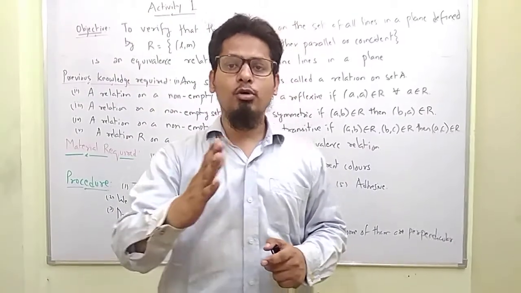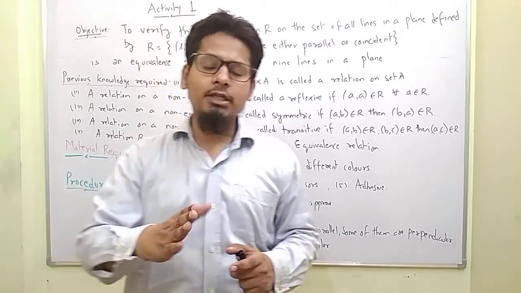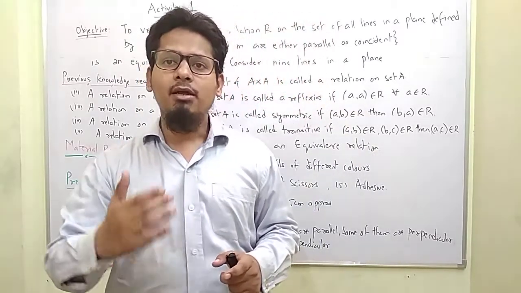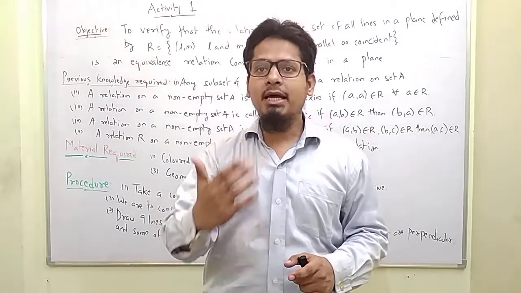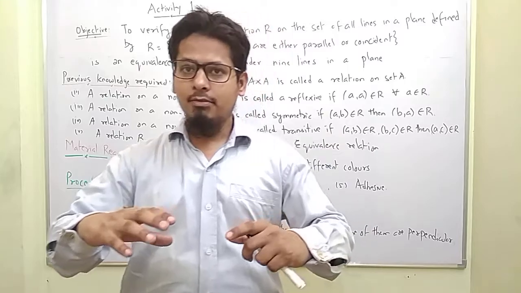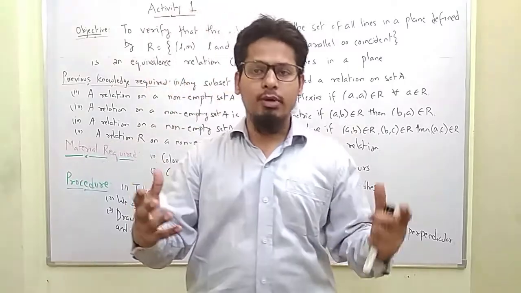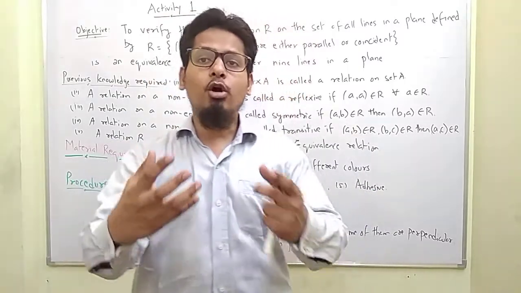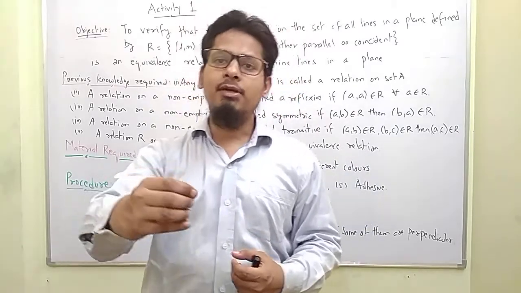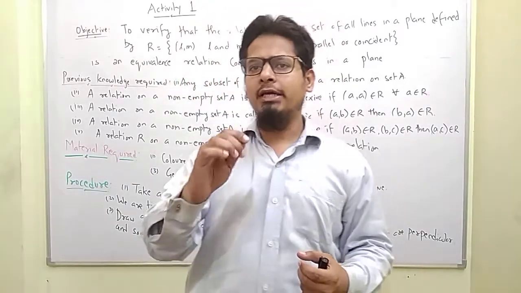Class, the aim of the activity is that we can understand our topic in a practical way. Practically, we can observe that R is reflexive, symmetric, and transitive, right? It is a simple relation I take in class.